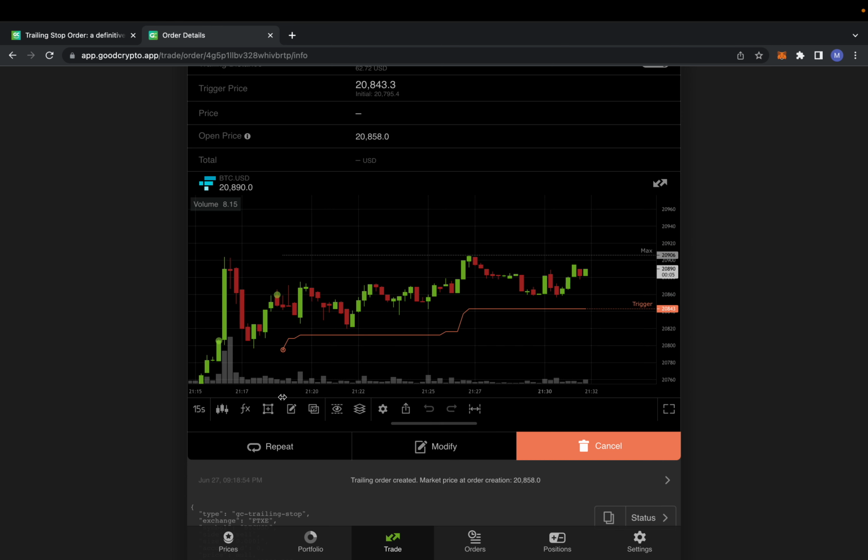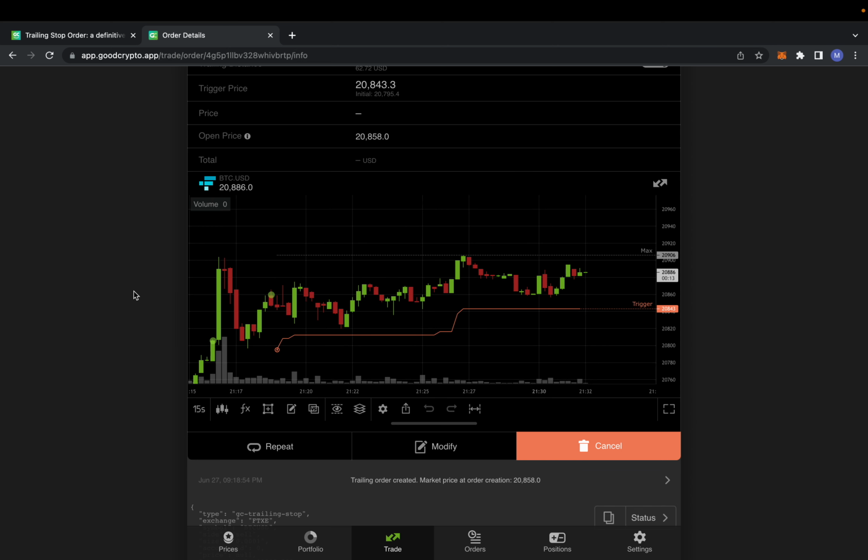So once again, let's recap what we've learned today. Trailing stop orders function in a way that the trigger of the order trails or follows the price at the chosen trailing distance, and it moves with the price as long as the price moves in your favor.